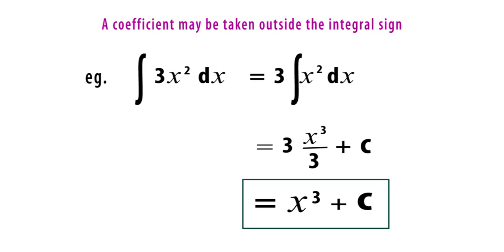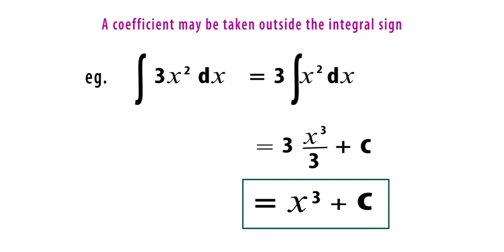When we integrate this, we will just use the 3 to multiply. So 3, the integral of x squared dx is equal to 3 multiplied by x cubed divided by 3 plus c, where c is a constant of integration. And when we simplify that, it would give us x cubed plus c.